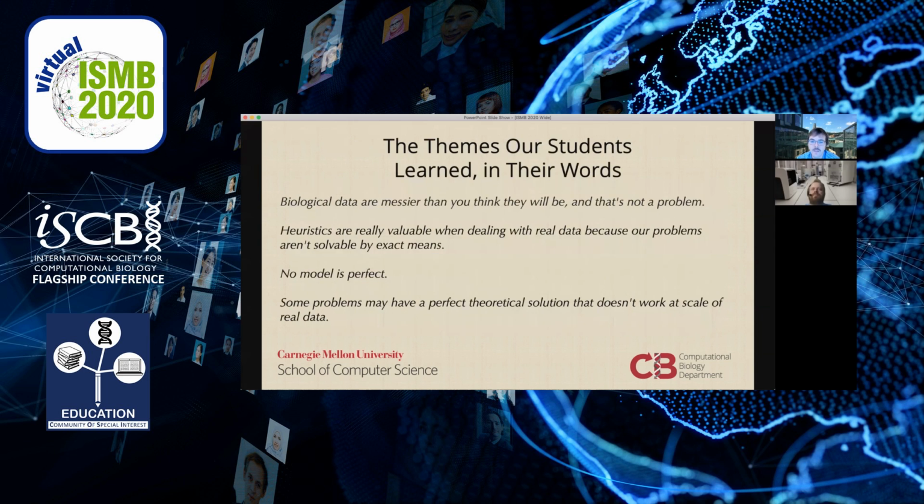The other thing that we did was we asked them to tell us what they had learned. We thought that was the best thing, as well as for venues like this, to explain, we had these big picture goals, but what did students feel like they learned? We were expecting them to potentially give us some low-level answers, like how to use object-oriented programming if you're building a genome assembler, or how to pipette effectively and how to carry out a certain aspect of some of the lab experimentation that we did.